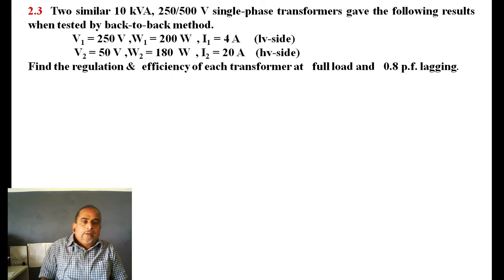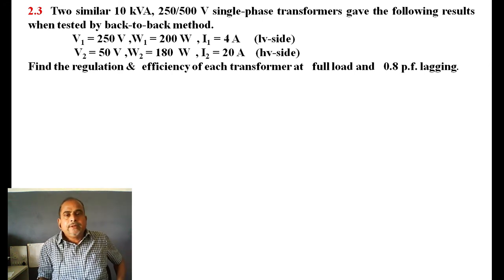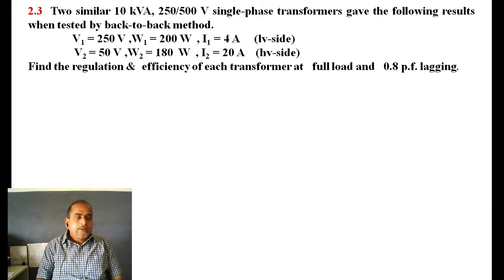Here we ask you to calculate both regulation and efficiency of the transformer. Two similar transformers having rating 10 kVA, 250/500 volt, single phase, give the following results when tested by the back-to-back method. V1 is 250 volts, W1 is 200 watts, I1 is 4 amperes, that is on the LV side, the 250 volt side, where these meters are connected.